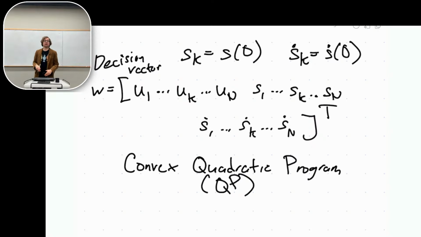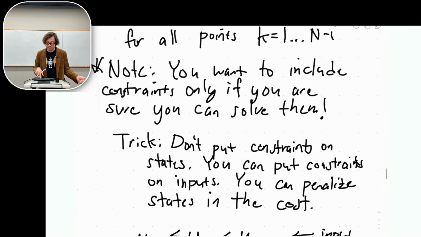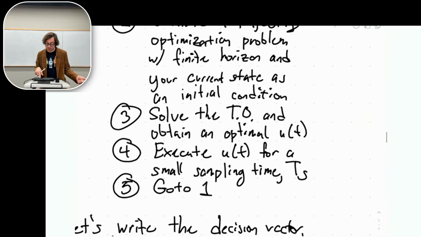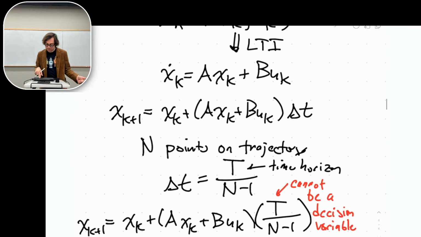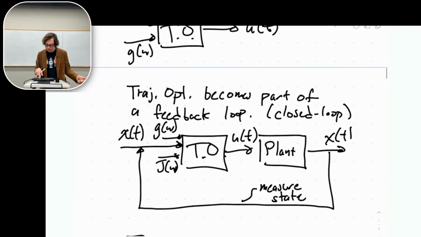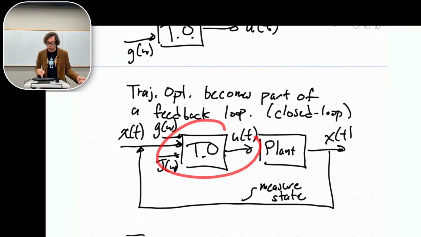Is a convex quadratic program a good thing to have for your optimization? Yes. Why? Anyone remember? It's fast and reliable. Quite the thing to have. It's very important to have a fast and reliable optimization when your control loop depends on it.